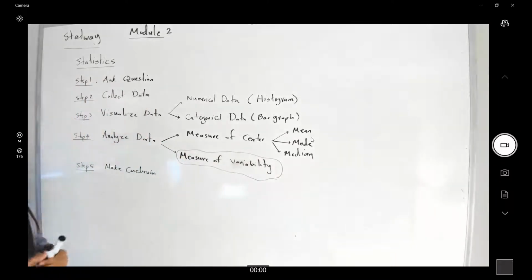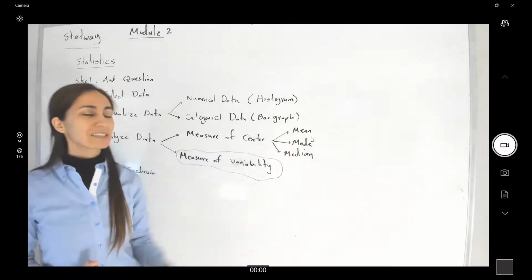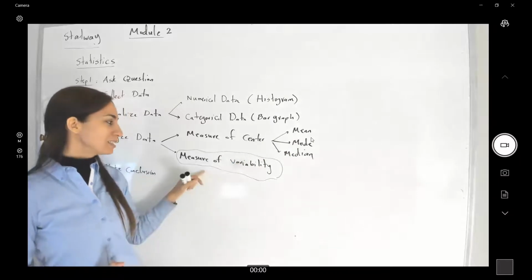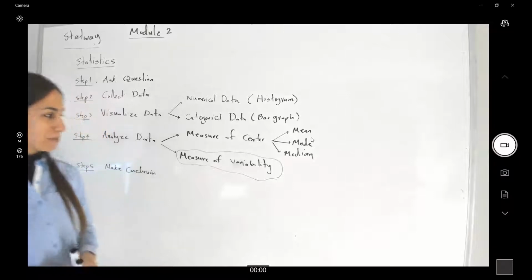As we divided up the measure of center into some characteristics like mean, average, mode, and median, we can divide up the measure of variability into different classifications.